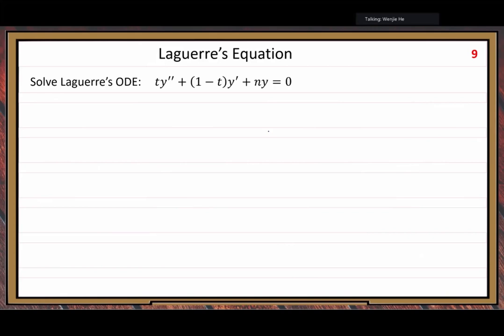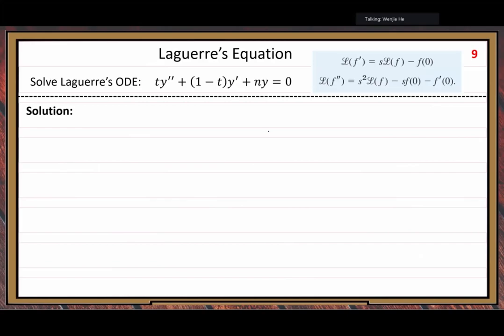Think about it, if we do not use Laplace transform, it could be very hard to solve. Although the ODE is not complicated, it's not that easy to solve. So here, let's use the Laplace transform to solve it.